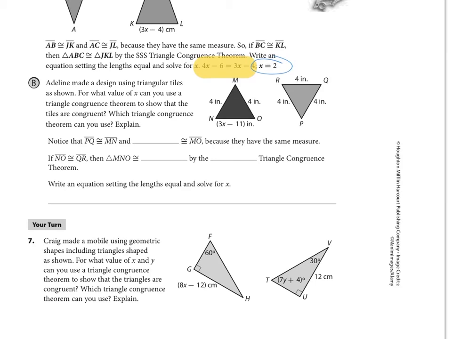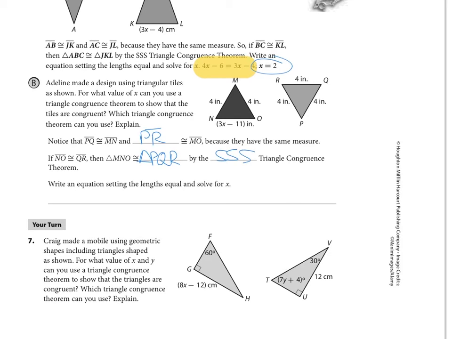So if we fill in the blanks as we go here, it says notice that PQ is congruent to MN and also PR is congruent to MO because they have the same measure, all 4 inches in side lengths. Then if we were able to say NO was congruent to QR, the triangles MNO and PQR would be congruent by the side-side-side triangle congruence theorem.